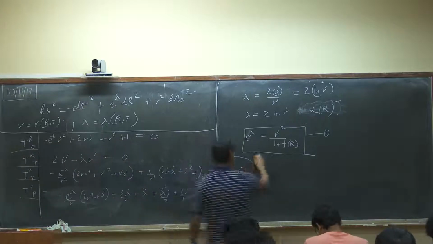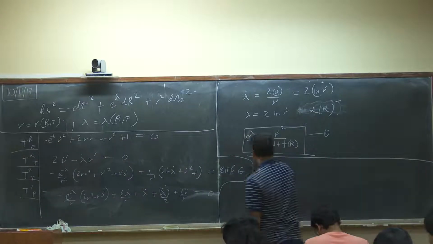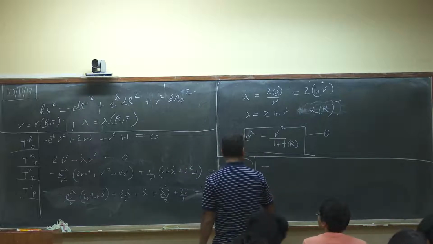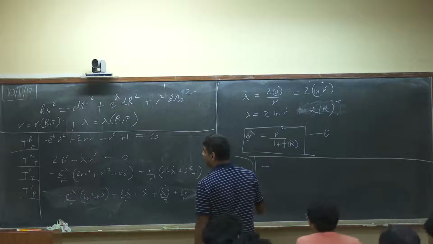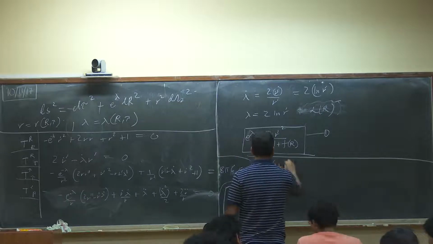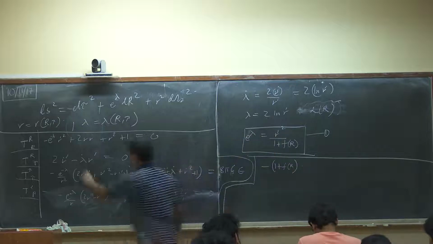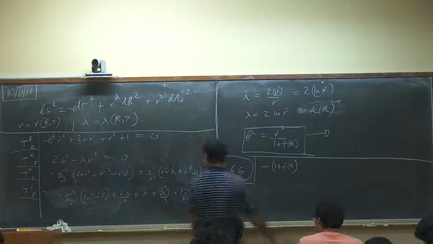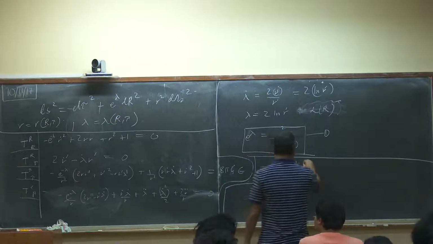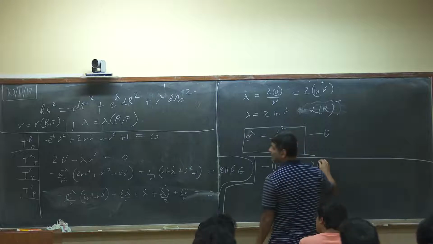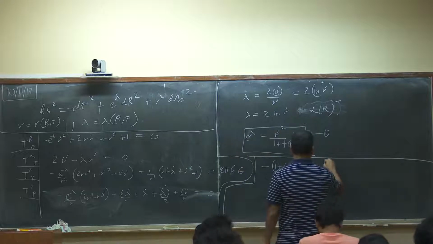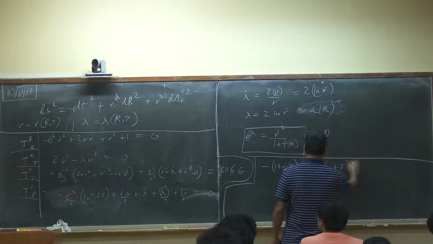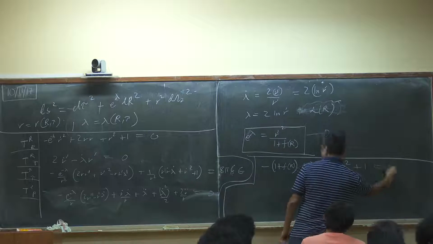So this equation is now minus 1 plus f of r, because the r prime squared and that 1 by r prime squared cancel, plus 2 r double dot plus r dot squared plus 1 is equal to 0.